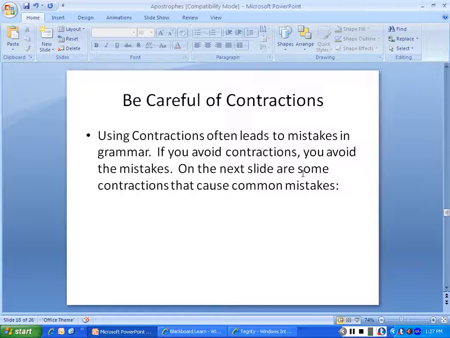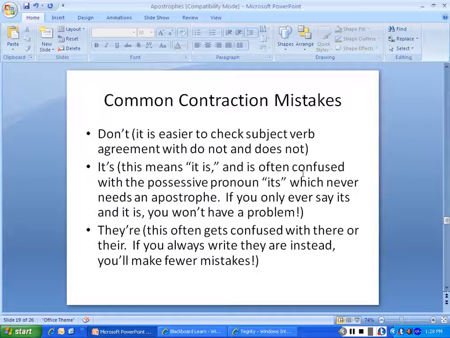Be careful of contractions. Using contractions often leads to mistakes in grammar. If you avoid contractions, you may avoid these mistakes as well. On the next slide are some contractions that cause common grammatical mistakes. Don't. It is easier to check subject-verb agreement with do not and does not than it is to check don't and doesn't.